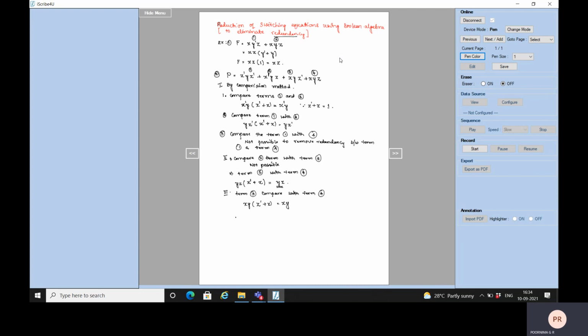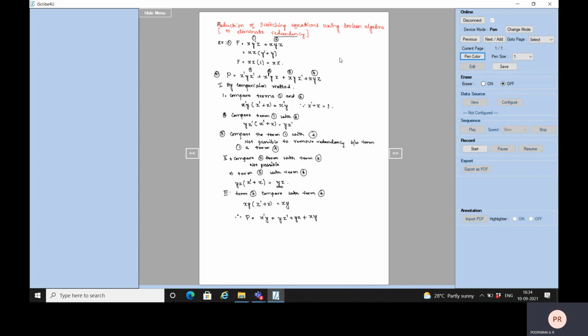So the final output P will be equal to: from the 1 and 2 comparison we got x bar y, and from 1 and 3 comparison we got y z bar, whereas 1 with 4 is not possible. Similarly 2 with 3 is not possible, and 2 with 4 gives yz. Finally, terms 3 with 4 give xy.